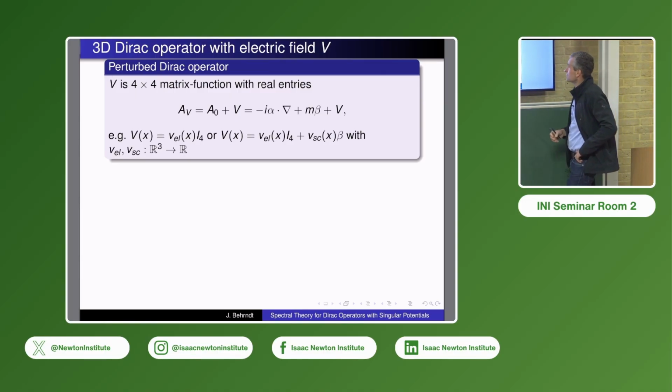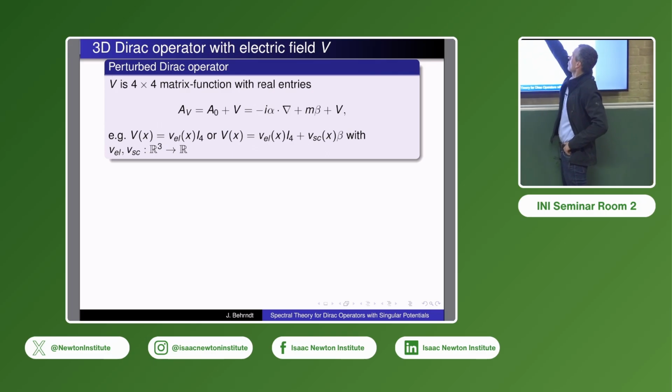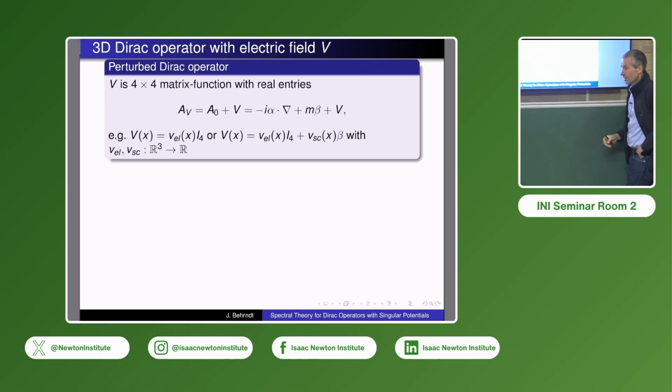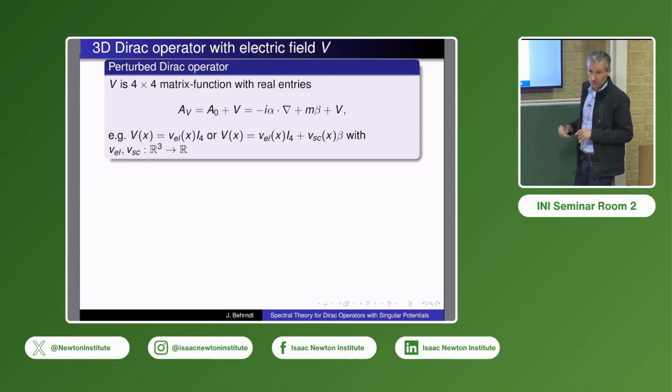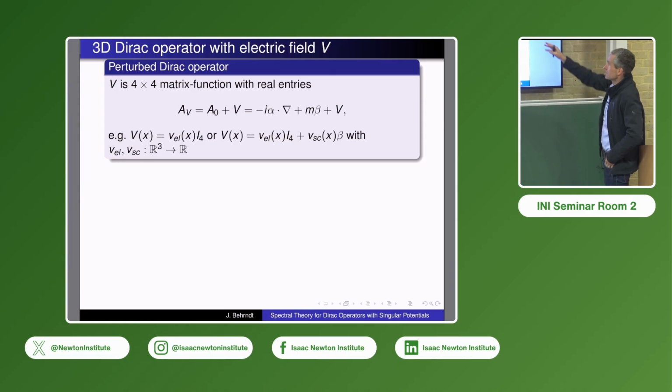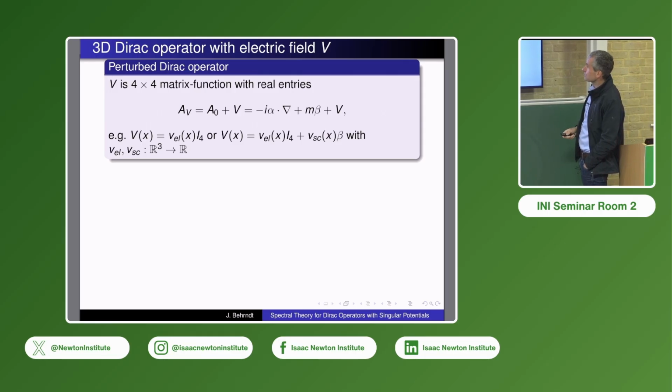Then for physical reasons, one also perturbs with so-called Lorentz scalar potentials. They are also in diagonal form. Mathematically, it doesn't make any difference, of course, but for physical reasons, you sometimes distinguish the electric and the scalar potential term.